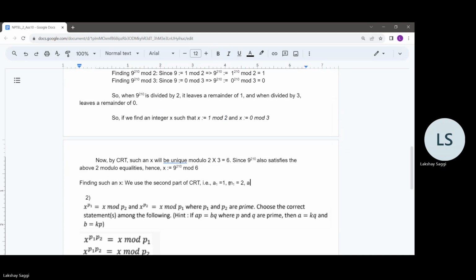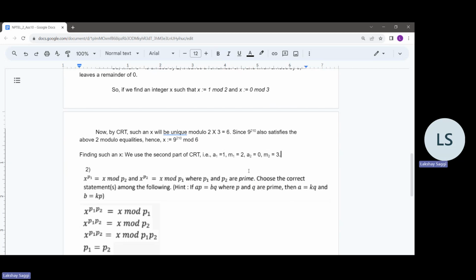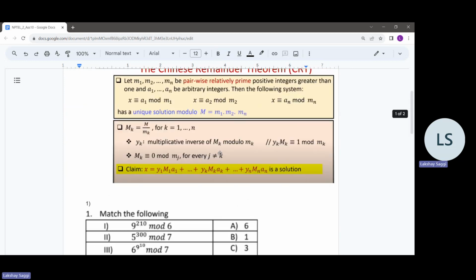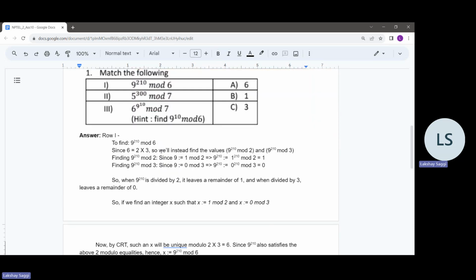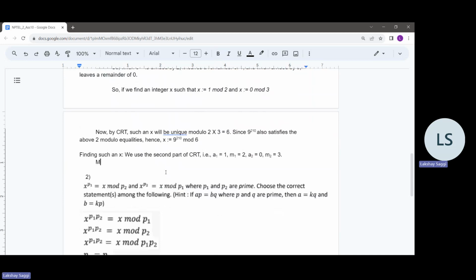Similarly, a2 was 0 and m2 was 3. So we have these four variables, and then we define these values capital Mk. We have this capital M also. So capital M is equal to m1 times m2, which is equal to 2 times 3, which is equal to 6.